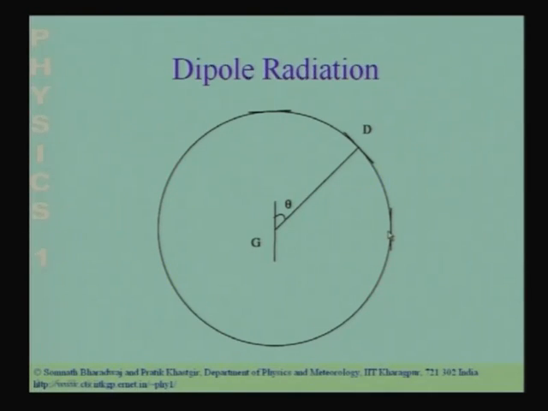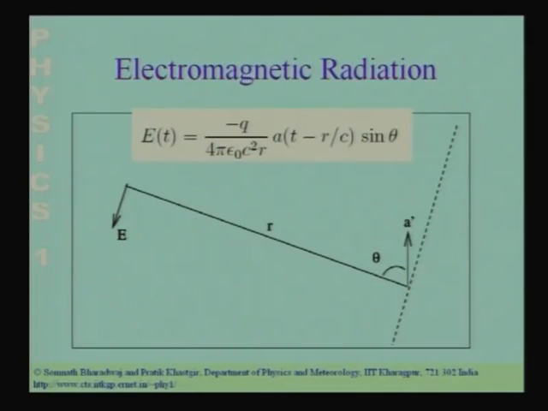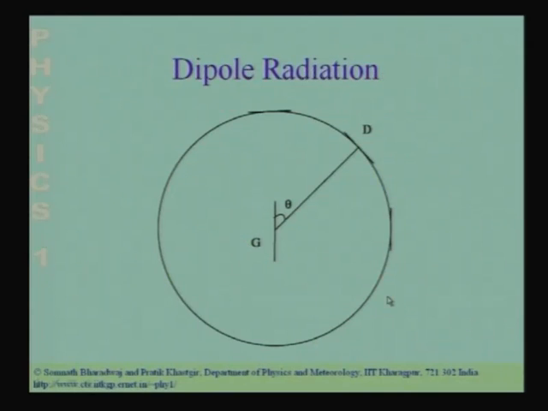So, let us go back to our expression for the electric field. I told you at this point, if the electron is accelerating over here, the electric field here will be parallel to the component of the acceleration perpendicular to the line of sight. This is the point where I wish to calculate the electric field.